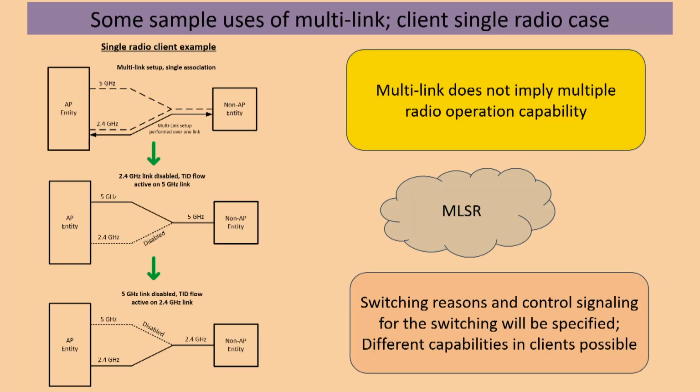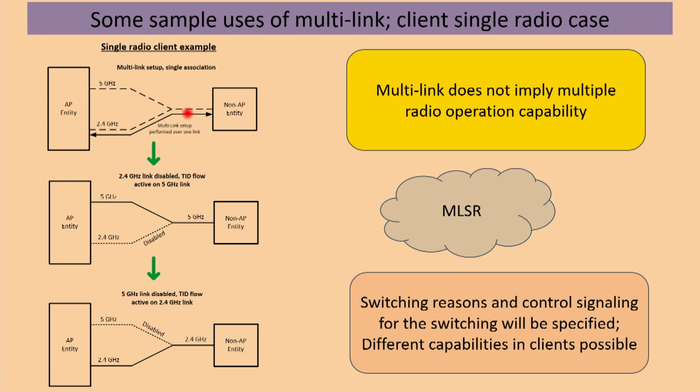Now comes the language which you are likely to see more often. For example, the client side will have a lot of different types being advertised. One of them, which is going to be popular, is called MLSR, Multi-Link Single Radio. Basically, client sides are constrained by a lot of power, cost, and so on. So they will want to use multi-link without having to pay a lot in complexity.